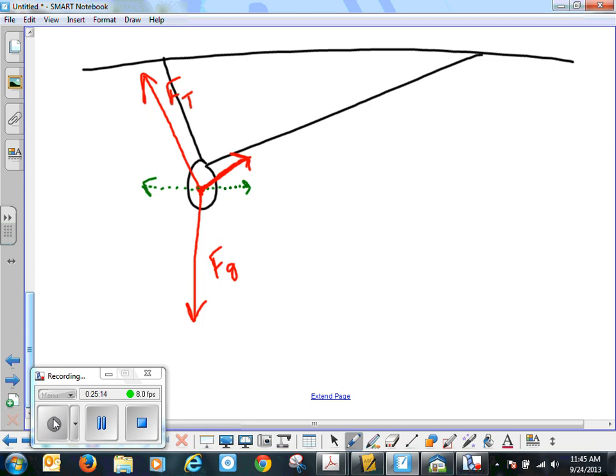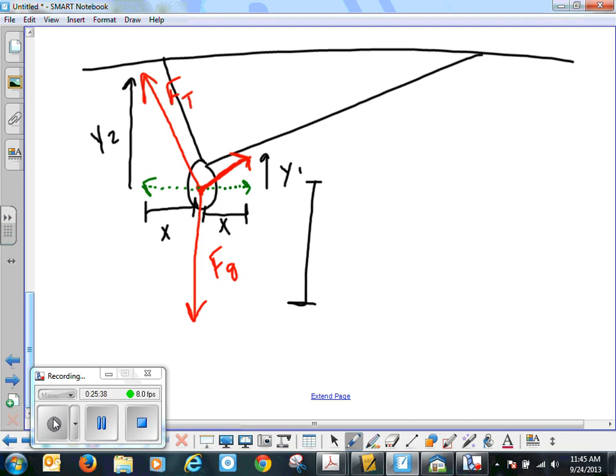This is the free body diagram, keeping in mind that this x is equal to this x in magnitude, so there's no lateral movement. But also y1 plus y2 has to equal the entire force of gravity. So the force of gravity equals y1 plus y2.